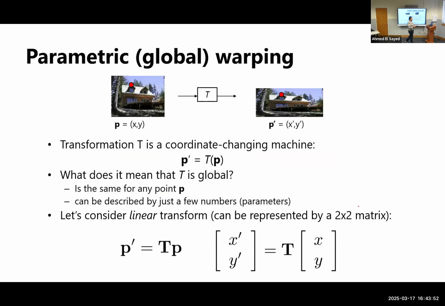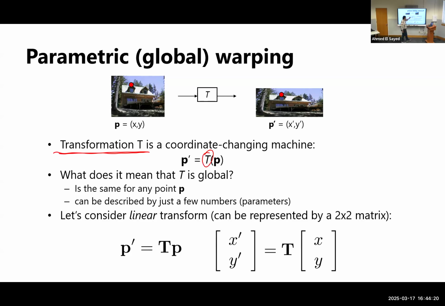Now, how can I describe this mathematically? Simply, I have to define a transformation function that I can apply to the original pixel location to generate a new location for the same pixel value based on this transformation.